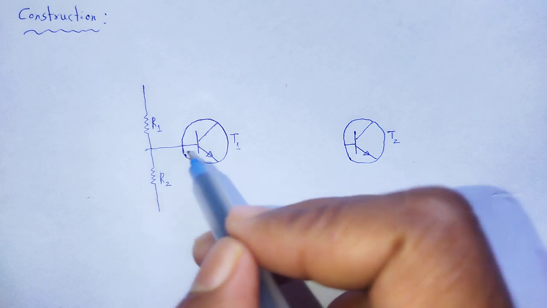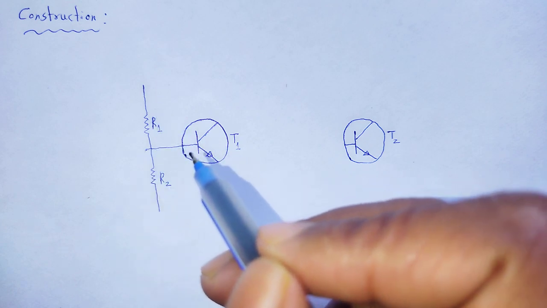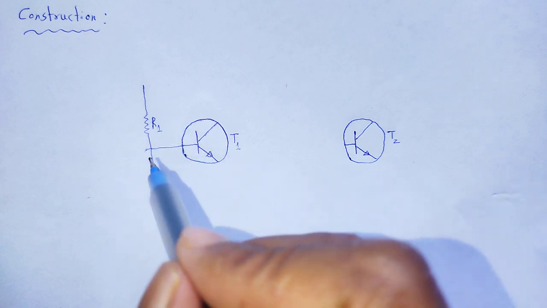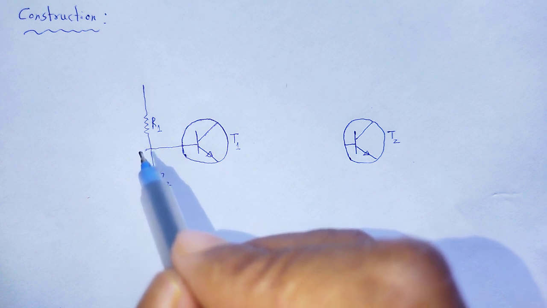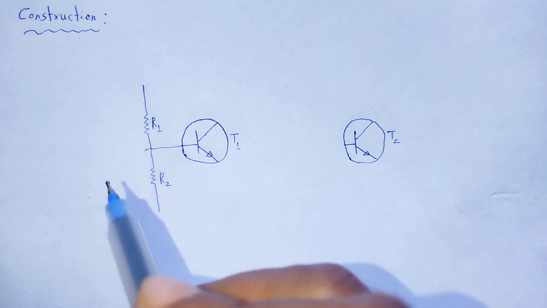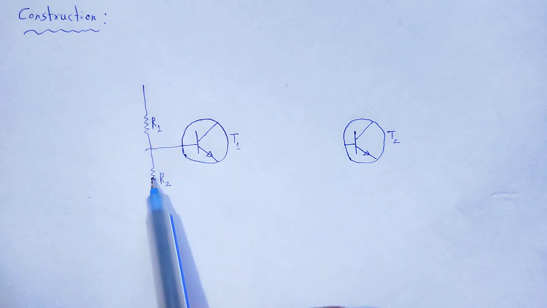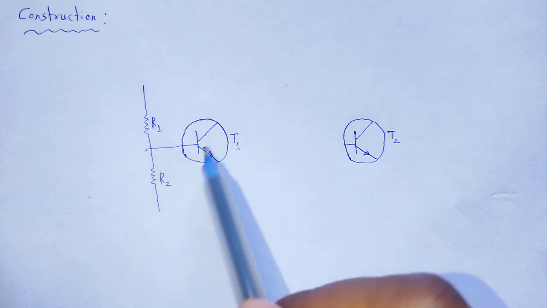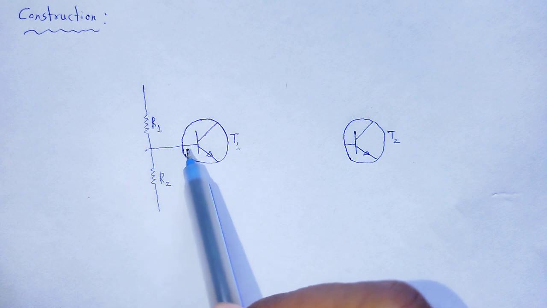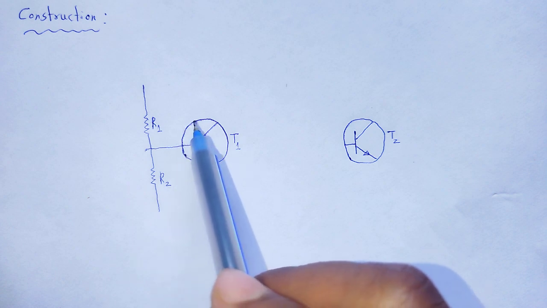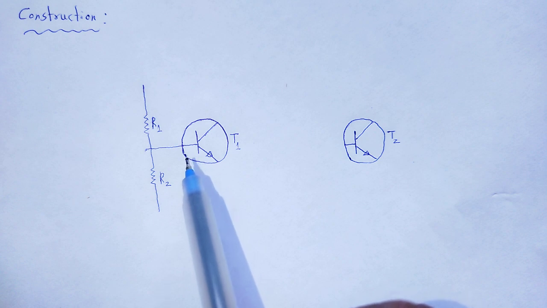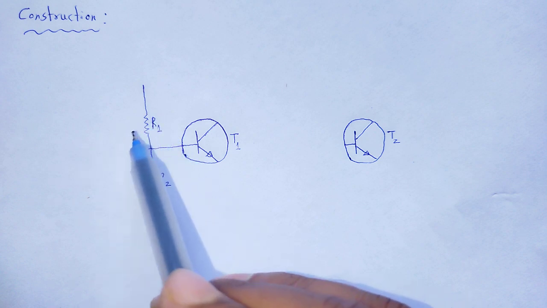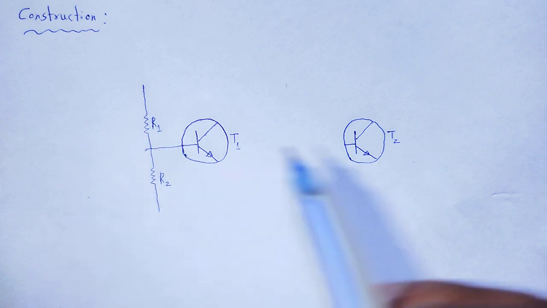That type of arrangement is called the voltage divider arrangement. Why do we prefer that type of arrangement? For the transistor to be properly biased, we use voltage divider biasing.